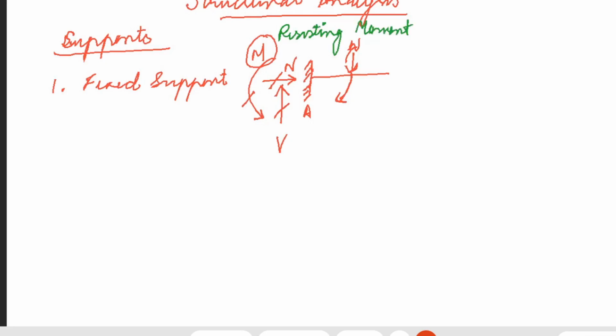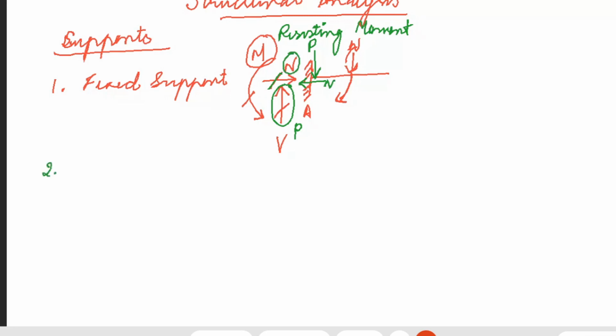Similarly, if I have a force P at point A, I should have a resisting reaction at the same point so that the structure is in equilibrium. It should also be equal to P. This is how we calculate. And for normal force, if I am provided with a normal force N, I would have a resisting N as a normal force. Now, this was with regard to the fixed support.